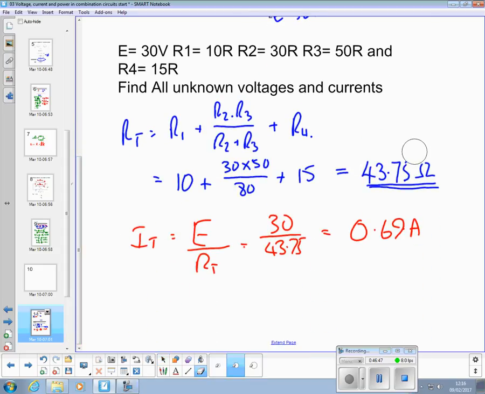This to 3 significant figures is 43.8. Agreed? Yeah. And then we adjust that to 43.8. Has it made a difference to the final answer for the current? $685.